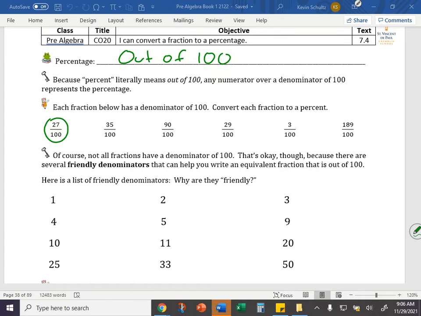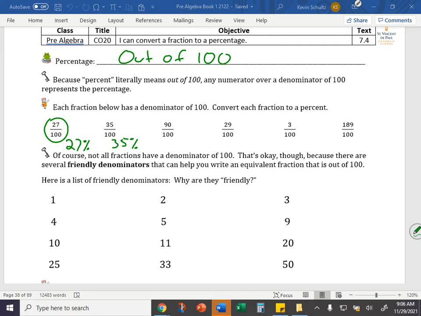John? 27%. 27 out of 100. With fractions, we like that denominator of 100, okay? Because it already says, literally, out of 100. How about 35 hundredths? What's that going to be as a percentage? John again. 35%. 35 out of 100.